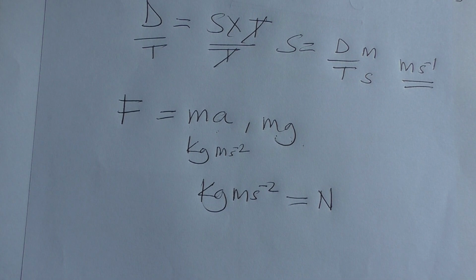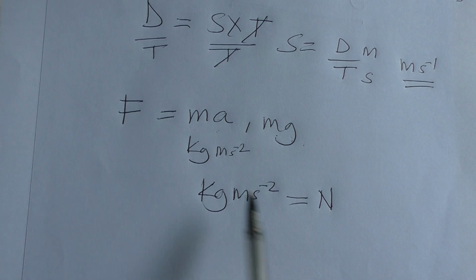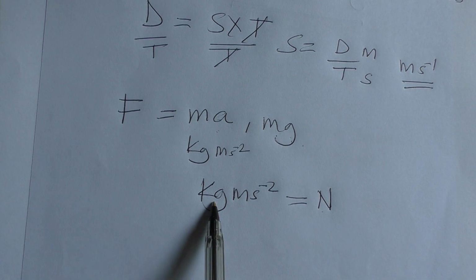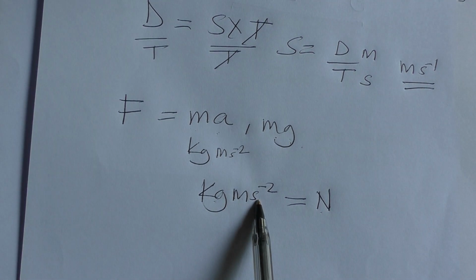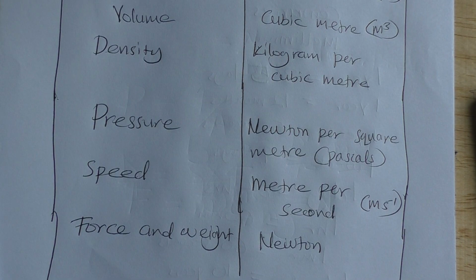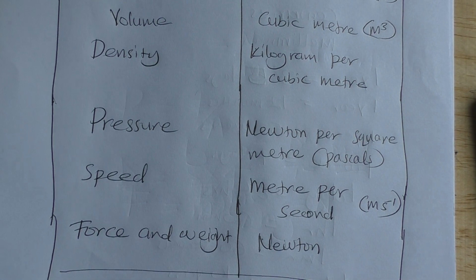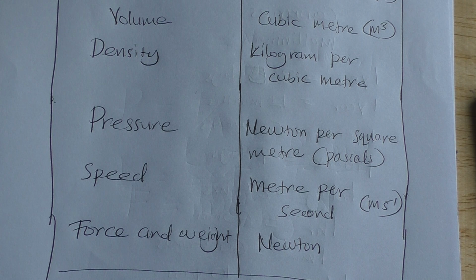So we can measure force in Newton or kilogram meter per square second. So these are some of the derived quantities, and we derive them from fundamental quantities using mathematical formulas.